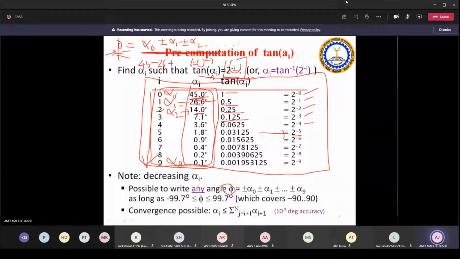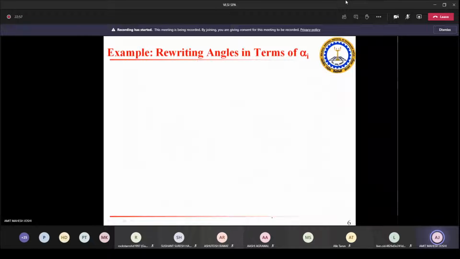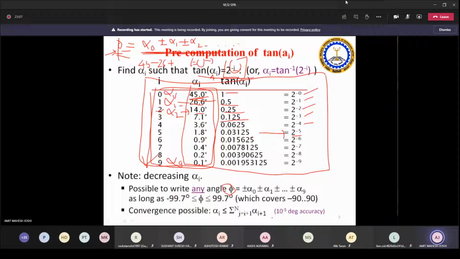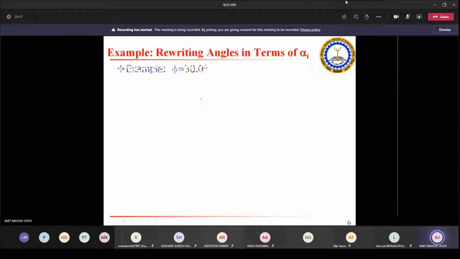I can get the approximation. Just to give you an example, let's consider I am interested in calculating angle 30. Angle 30 is not in this particular table. You might know it, but I am explaining just as an example; it could be 20, 35, 60 or 70 also.